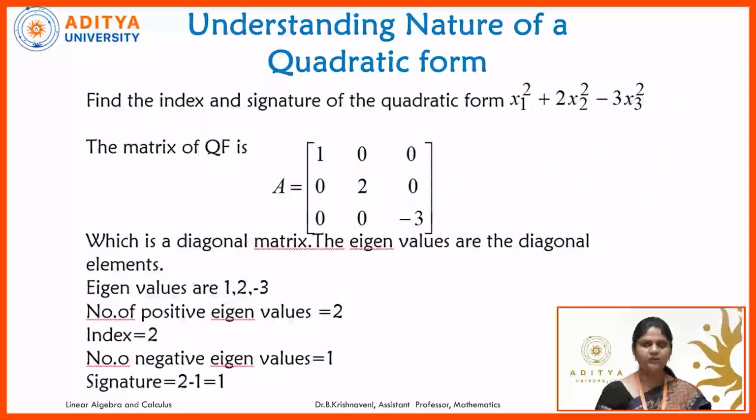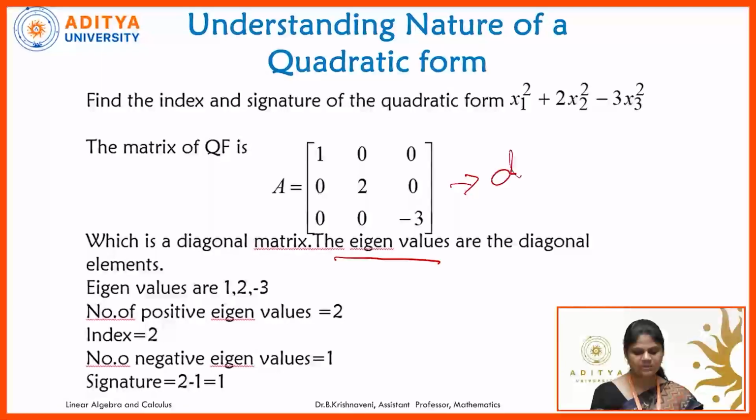So now, in order to get the nature as well as the index and signature of the quadratic form, first of all we need to find out the eigenvalues. And we can use one of the properties of eigenvalues here. What kind of matrix is it? Diagonal matrix. So then there is no need to find the characteristic equation, solve that equation, and find the roots which give the eigenvalues.